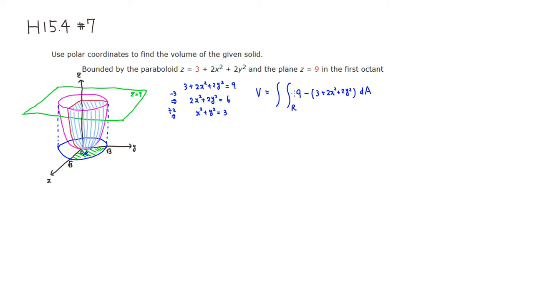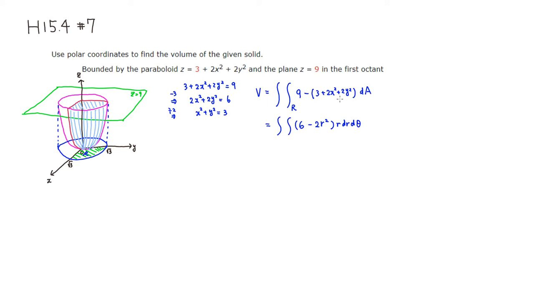Let's simplify a bit. I'm going to have to write it in polar coordinates. So you have 9 minus 3, that's 6, then minus 2, then x squared plus y squared is r squared, so negative 2r squared. Then the area element is always r dr d theta.